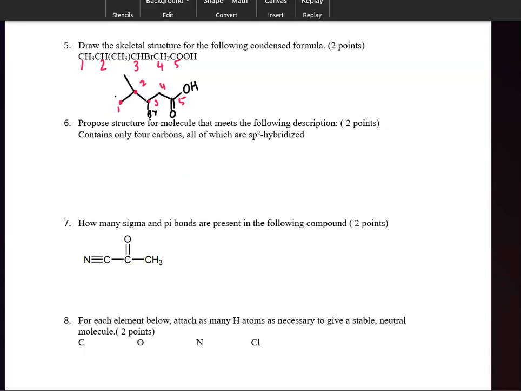The next one was asking you to draw a structure that contains 4 carbon atoms which are all sp2 hybridized. So you can do that by putting double bonds here, right? So this carbon atom is sp2, this is sp2, this is sp2, sp2. That's like a skeletal structure. Or if you want to draw the structure with hydrogens in it, you can go ahead and draw.